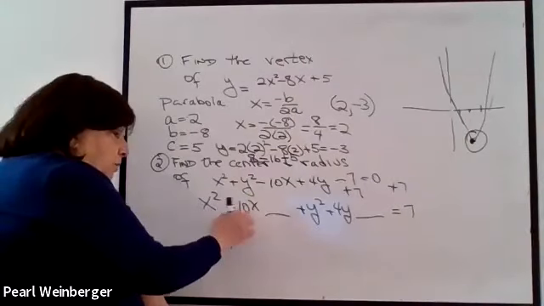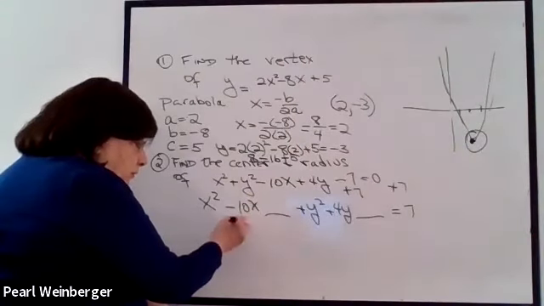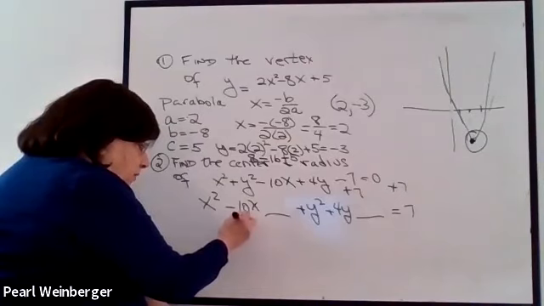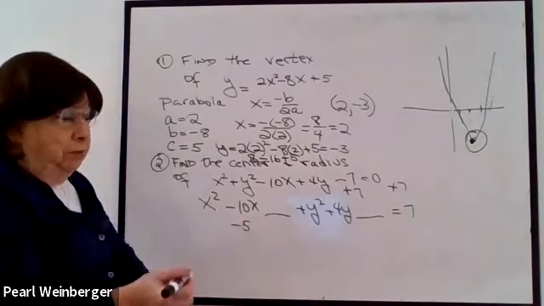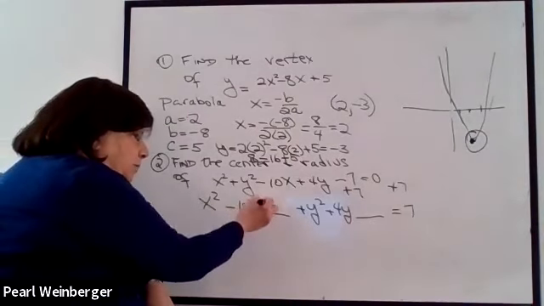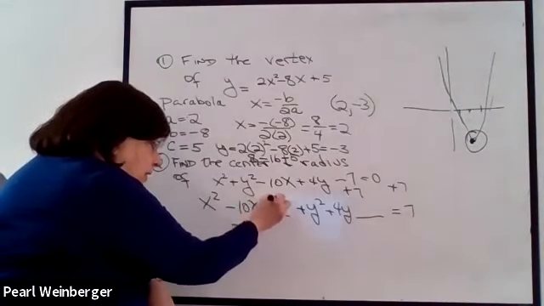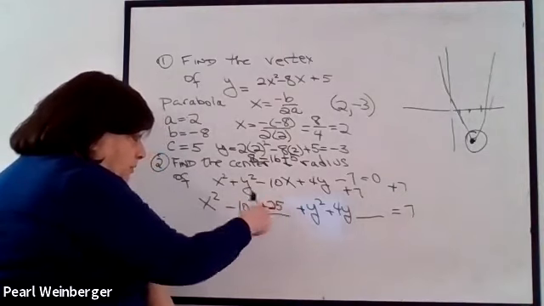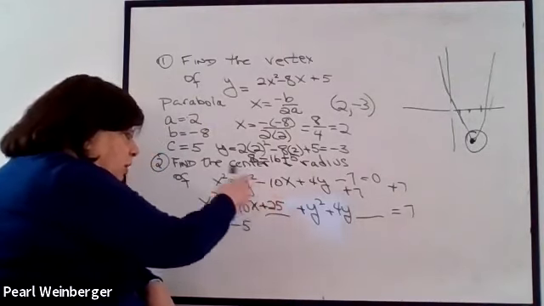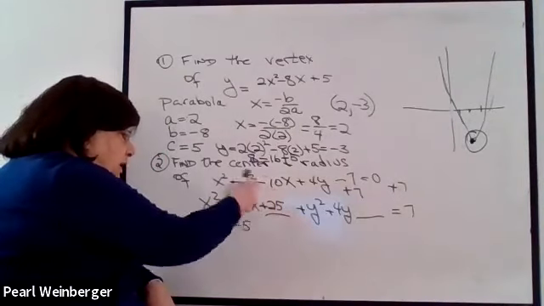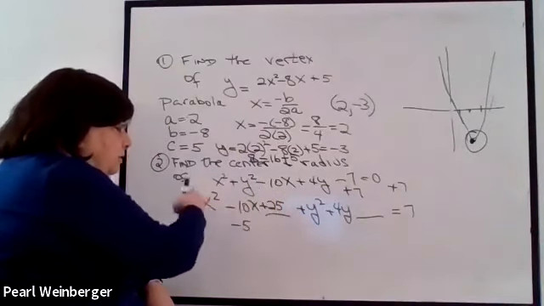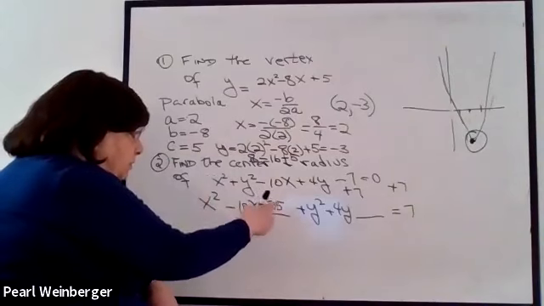If we take the number in front of the x and divide it by 2, that gives us -5, and we square that number. We multiply that number by itself. -5 times -5 is 25. And we put it in this blank space. We add it to these two terms. Now we have a trinomial that is a perfect square. That's why it's called completing the square.